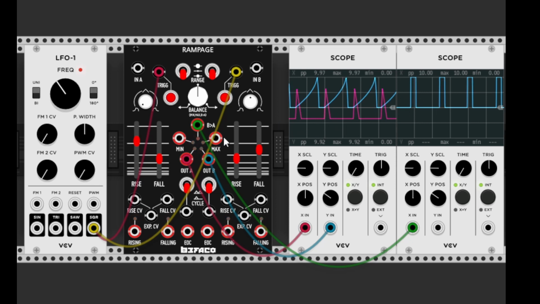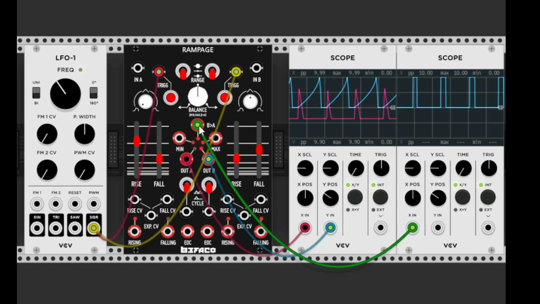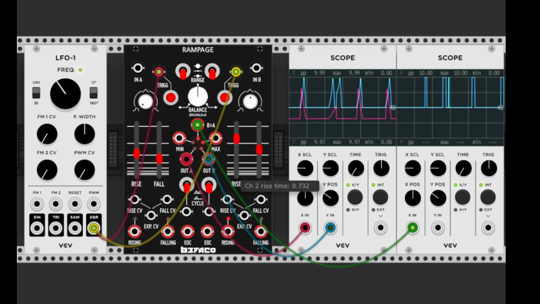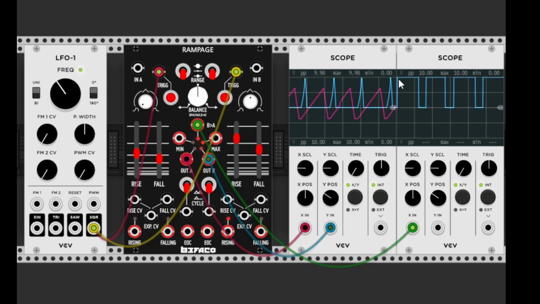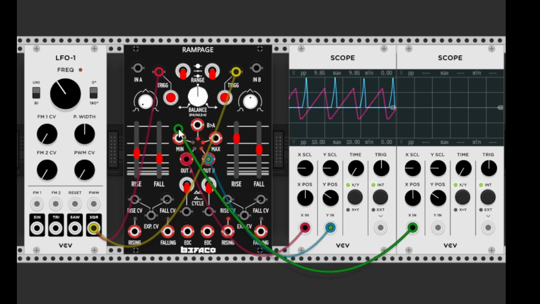Let me make the times longer. So when I want B more often and longer to be higher than A, I can perhaps reduce this and increase on this side. And now you see it's longer times. With the minimum output jack, it's like logical AND, I'll explain later.